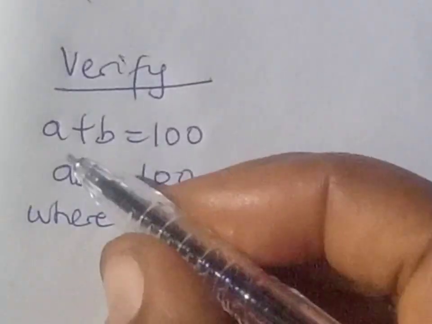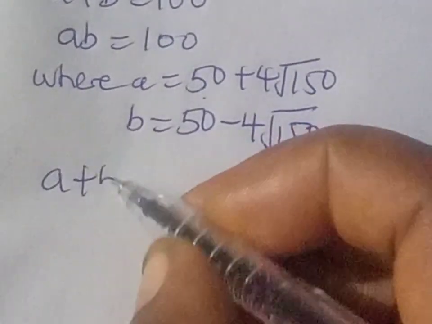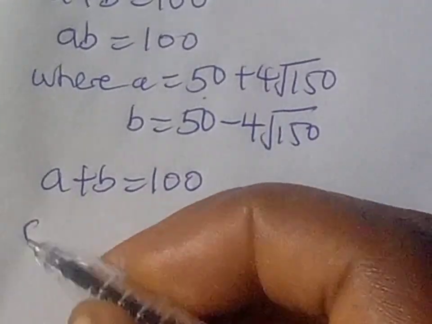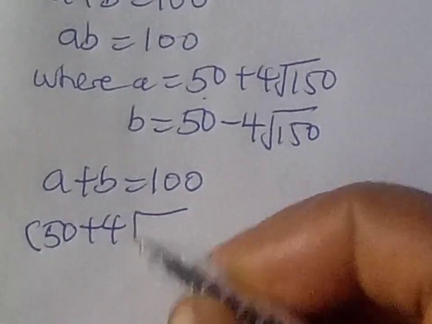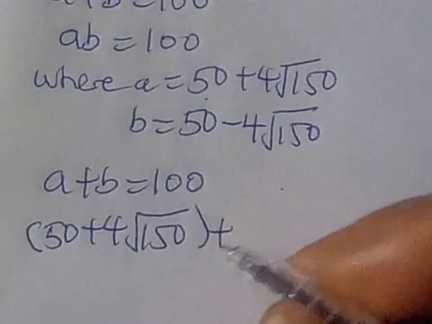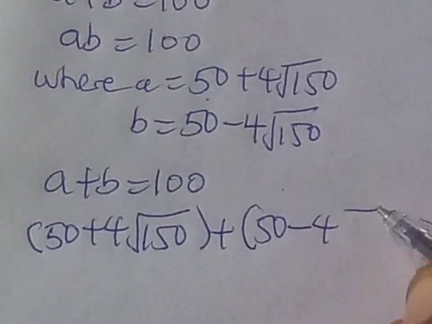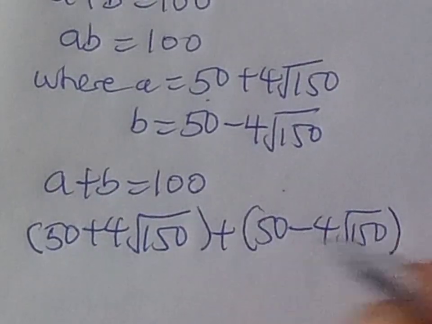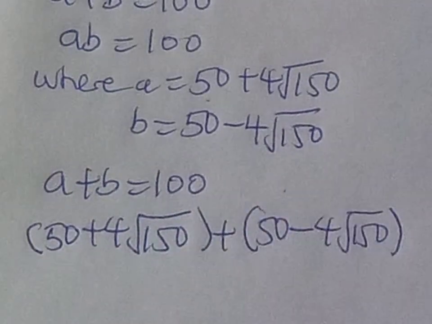Let's start with the first equation, which says A plus B equals 100. So our A is 50 plus 4 root 150 plus our B, 50 minus 4 root 150. Let's see if the result of this addition will give us 100.